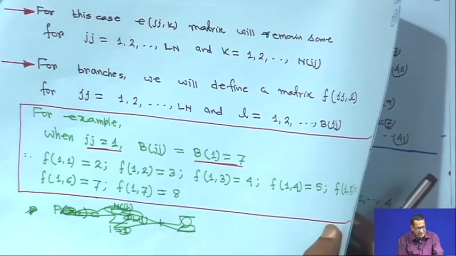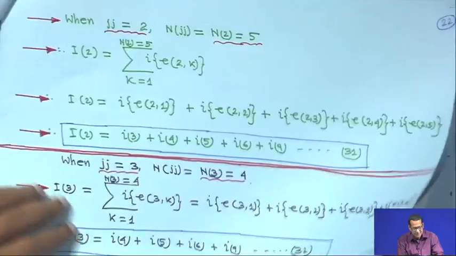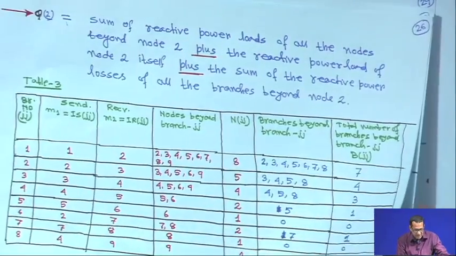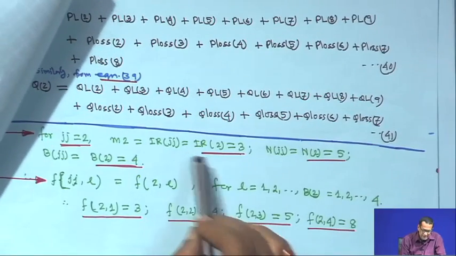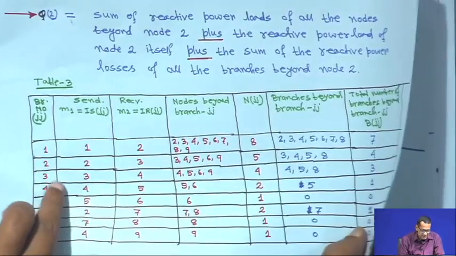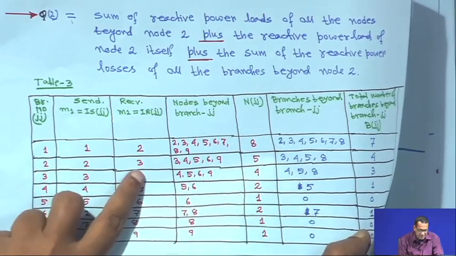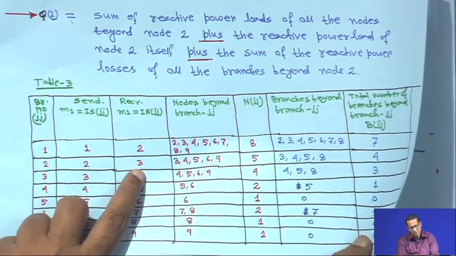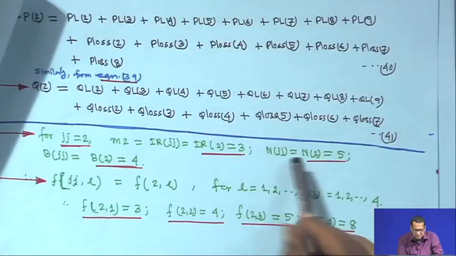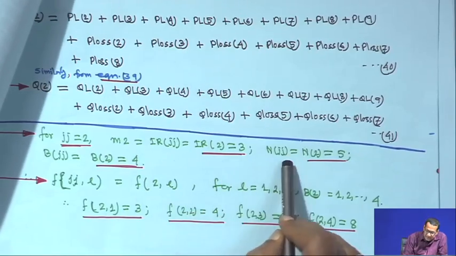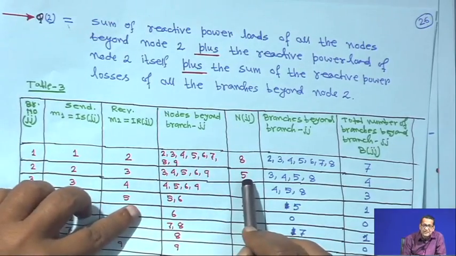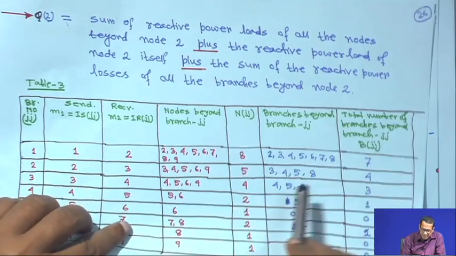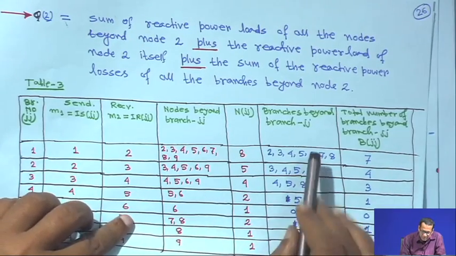For jj equal to 2, that means this branch, right. For jj equal to 2, M2 is equal to 3, the receiving end node, because M2 is equal to IR2 is equal to 3. So, M2 is equal to 3 and N_jj is equal to N2 is equal to 5. This is already there, we have done the same as before, but for the branches it will be branches beyond.